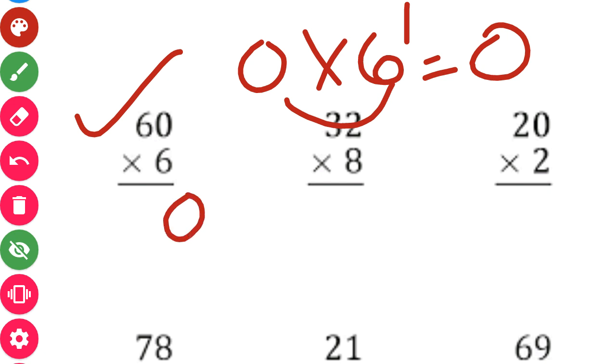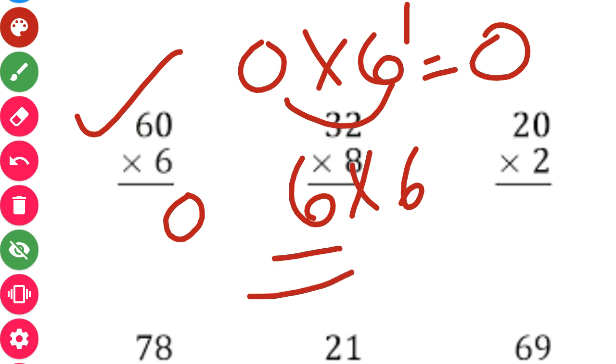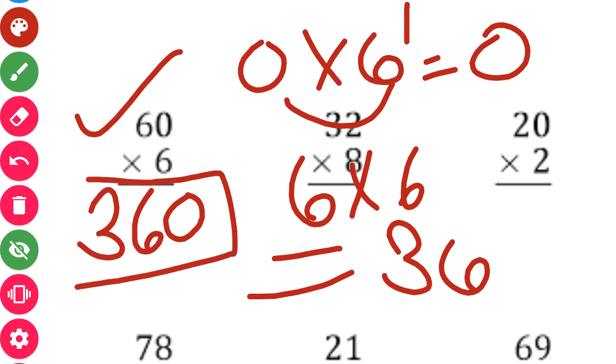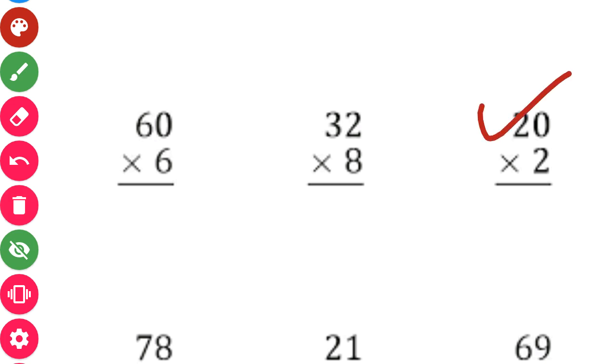Now what are we left with? 6 into 6. 6 sixes are 36. So our answer will be 360. Shabash, good. Do this question very similar to this one.